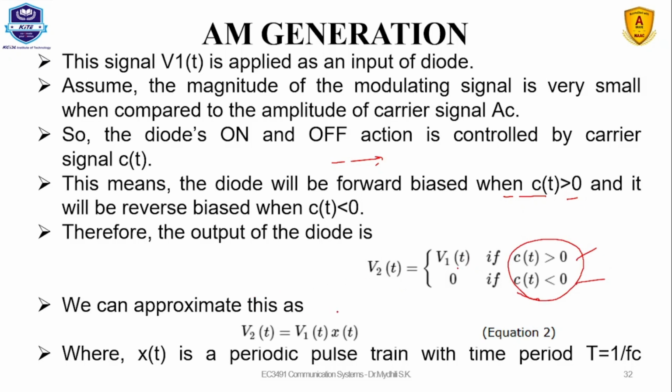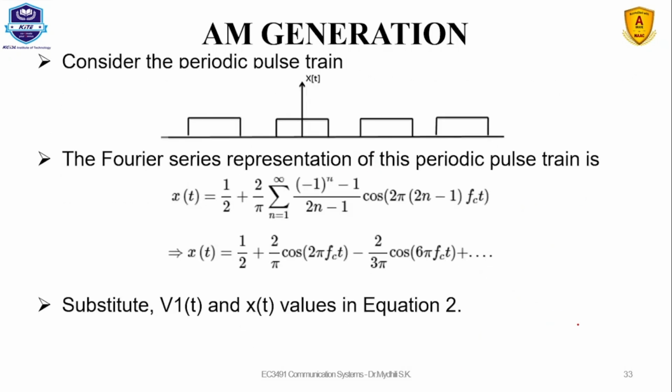Now we can approximate this V2(t) as V1(t) dependent on the input x(t). What is x(t)? It is nothing but the periodic pulse train with a time period. Consider the periodic pulse train here.